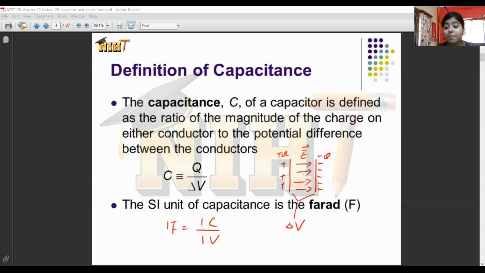So here plate B is another conductor that will increase the capacitance of conductor A, right?